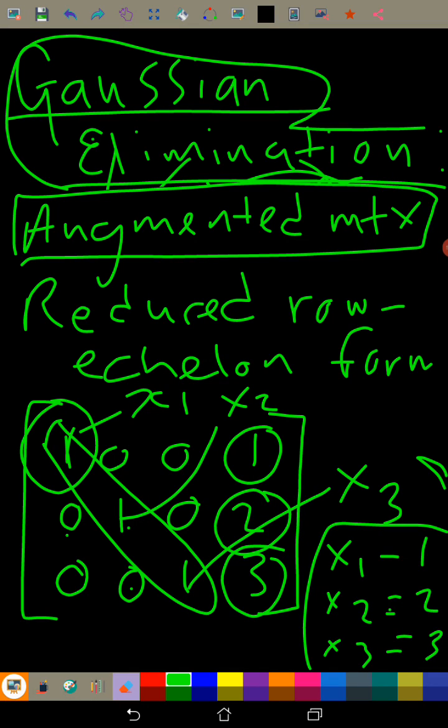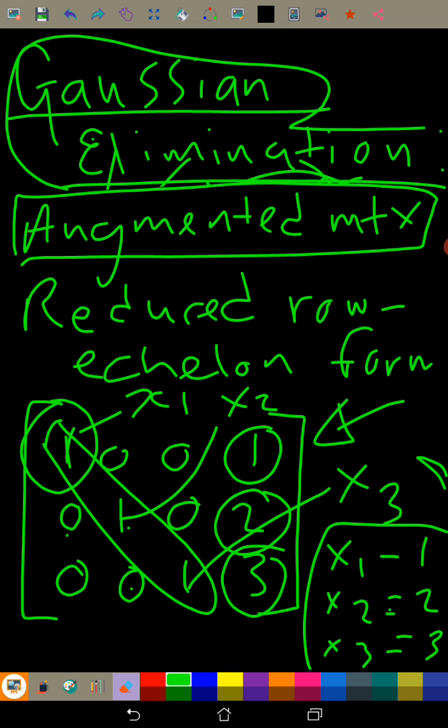This is a reduced row echelon form, what you're looking at here. We see that at the top left corner it's a 1, and this is called a leading 1. What is the definition?